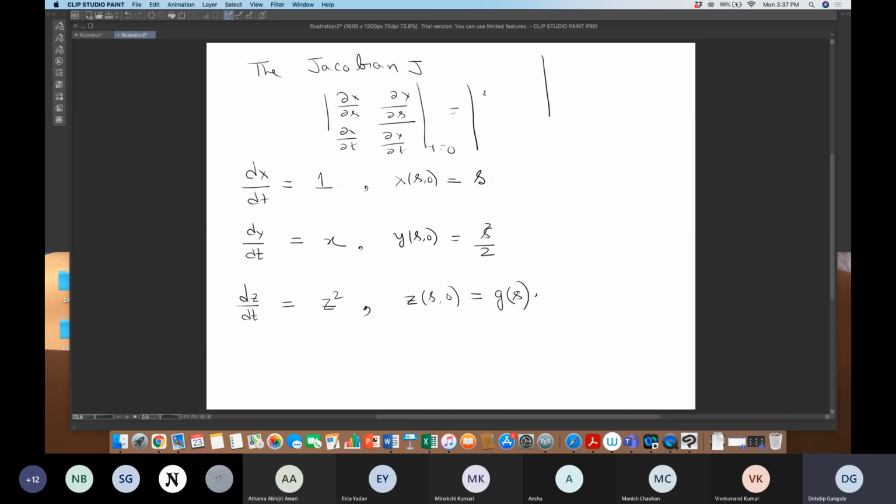Del y by del s, s. Del x by del t, 1. Del y by del t, s, because we have to take time t equal to 0. Del y by del t is equal to x, but at time t equal to 0 it is this one, s. So what is the Jacobian?